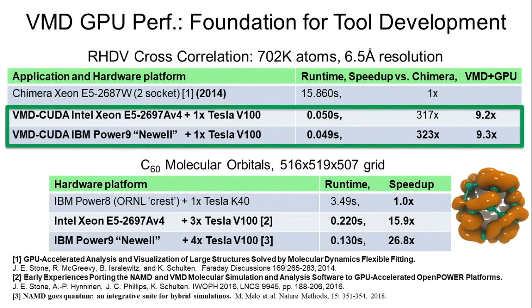This allows us to simulate quantum chemical regimes in a molecular mechanics context, much larger than ever before, and so that becomes a significant visualization challenge to show dynamically changing electron orbitals and things like this. But we have support for that in the newest versions of VMD, and it supports not only single GPUs but multiple GPUs and gets tremendous performance out of that.